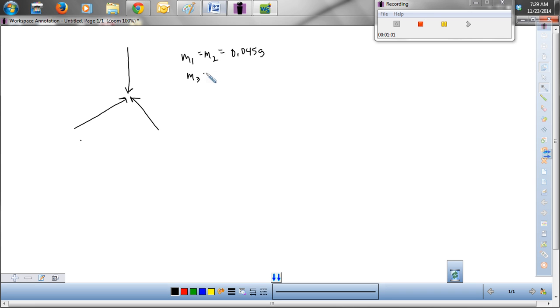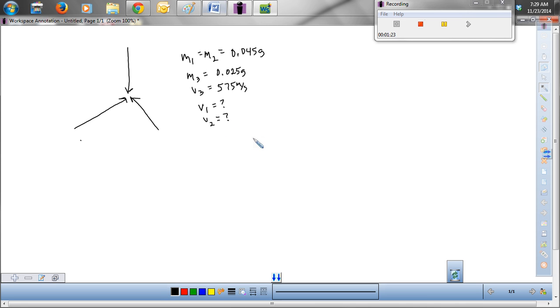M3 is going to have 0.025 kilograms, and B3 is going to be 575. And they want us to find B1 and B2.